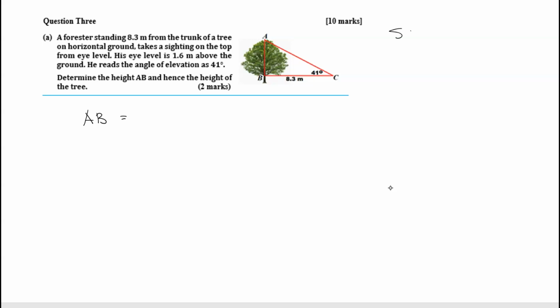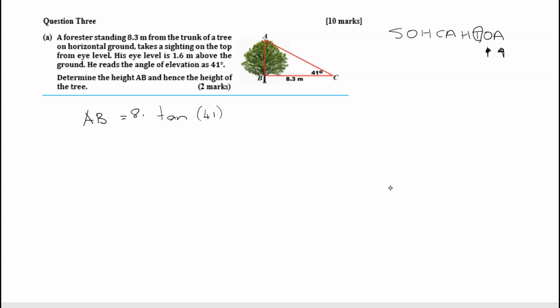So if you look up SOH CAH TOA, we are looking for the opposite, we are given the adjacent, so then it makes sense to just go directly to the tan. So we have the tan of 41 times 8.3.